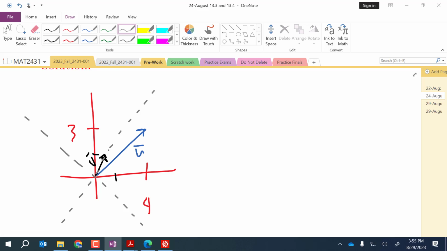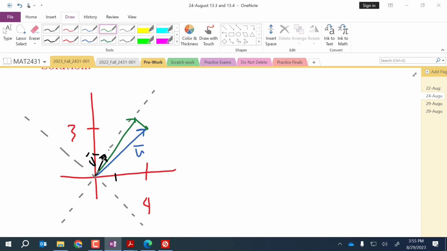Okay? So what I'd like to do is express vector u in terms of two component vectors. One which is parallel to vector v, and one which is orthogonal to vector v. So I want to give these two vectors that I could think of.